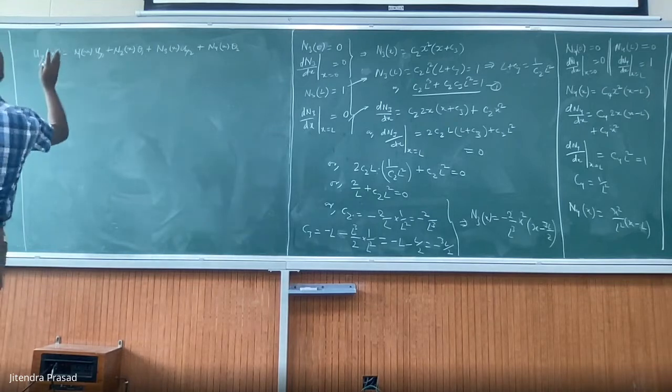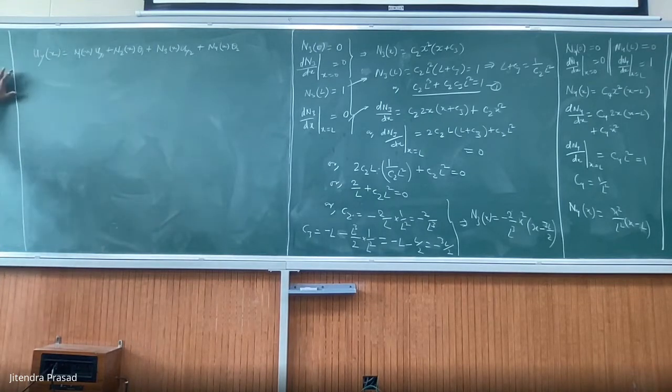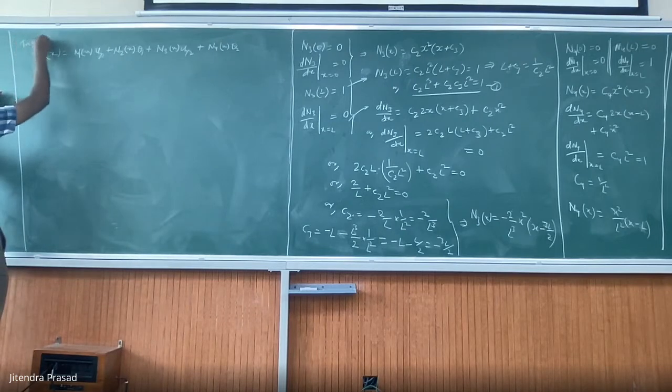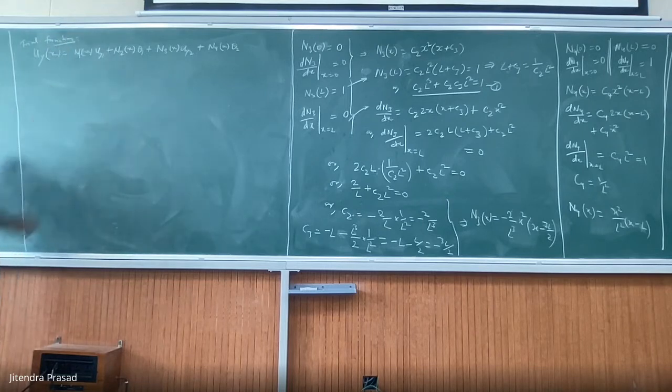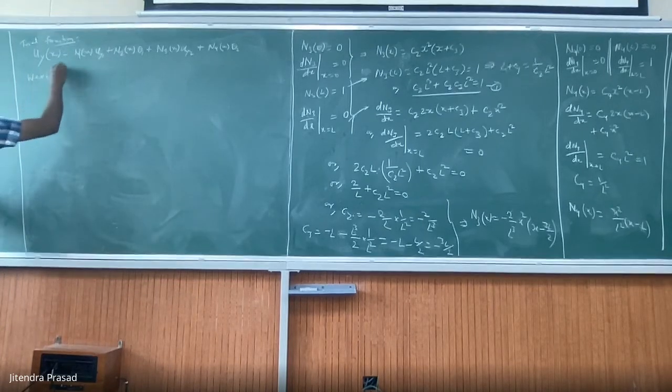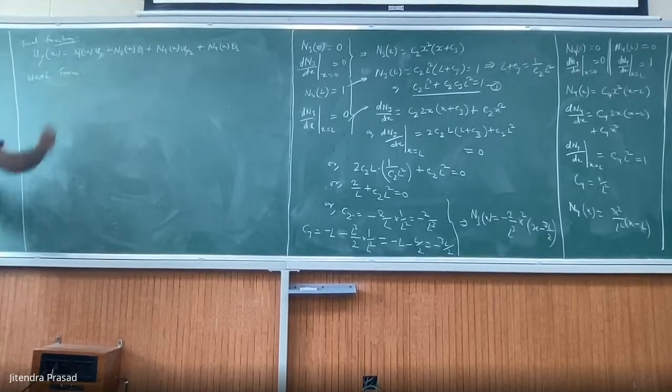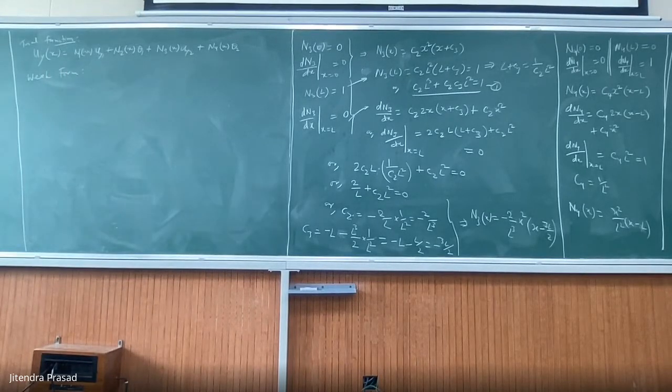And this one is the trial function, right? We call it trial function. And you have to put that in the big form, right? And what is the big form?